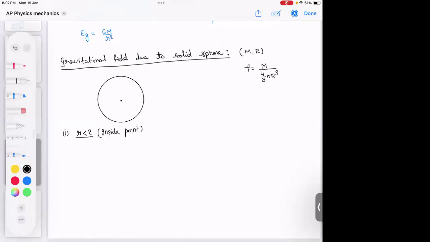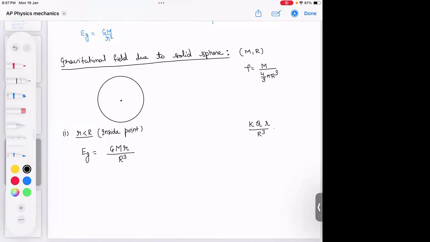So what is the gravitational field inside? It will come GM r by R cube. Can you see that? Is it a similar result to what we got for the electric field? When we were calculating the electric field, we wrote kQ r by R cube.